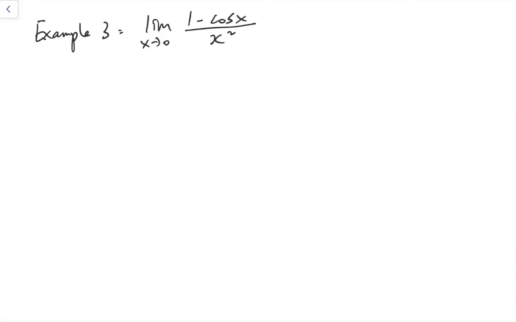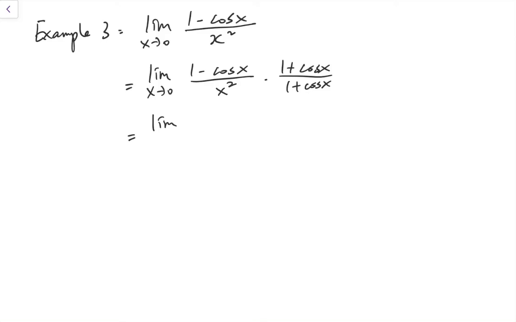Here you see that first of all, the denominator and the numerator are both 0, right? So we need to do something. When you see 1 minus cosine x, we remember what we have learned before: one skill is to multiply the conjugate. Like 1 minus, then we multiply 1 plus. Let's see what happened.